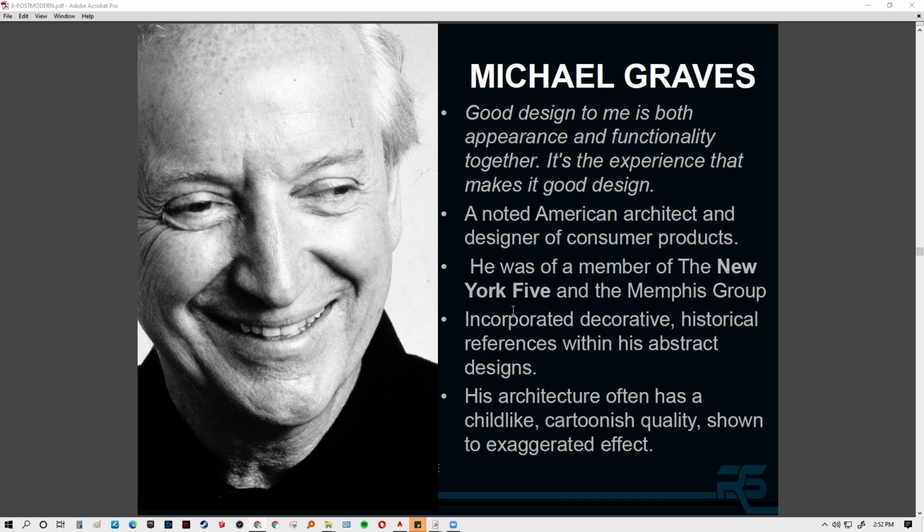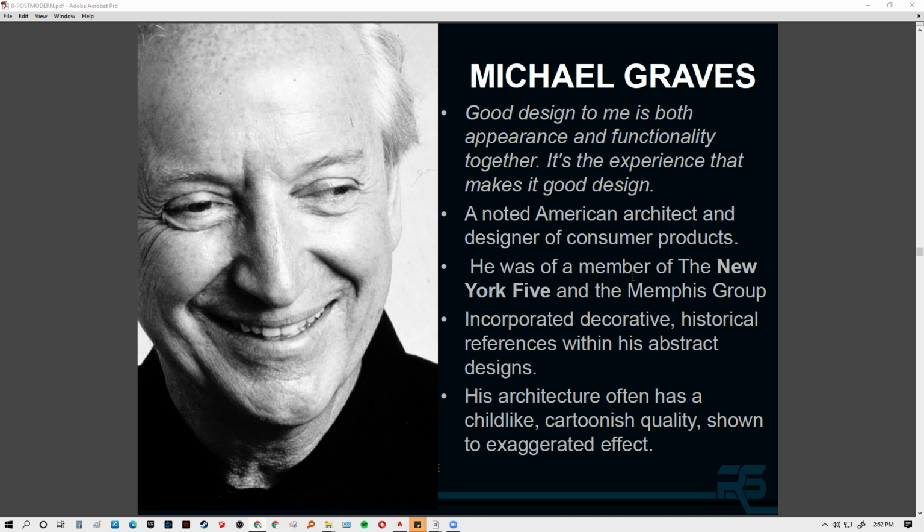So he basically likes to design, aside from buildings, furniture and other products that are usable for daily needs. He's also a member of the New York Five, the biggest architects during this time, and the Memphis group.